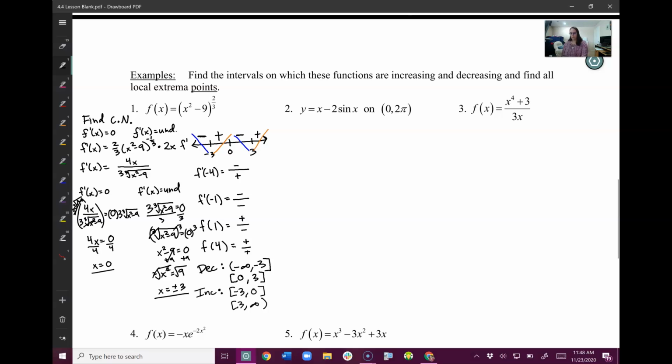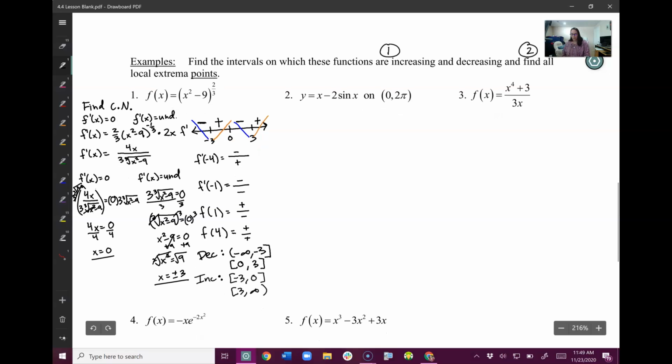Okay. Now, one other thing. If you read this example, we only did the first thing. We found the increasing and decreasing. It also says, find all local extrema points. So that means it wants us to find the maximums and the minimums. So if you look right here, on this little increasing, decreasing graph I drew, I have 3 points that could be maximums or minimums.